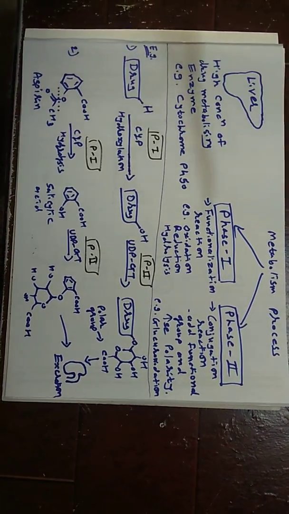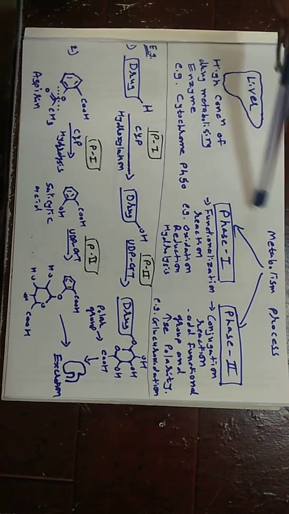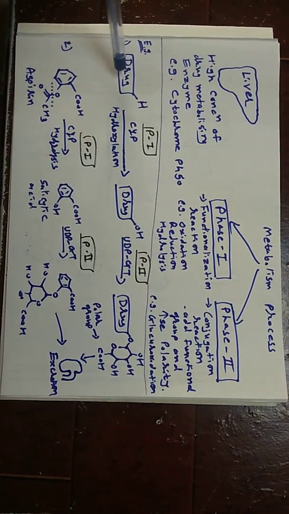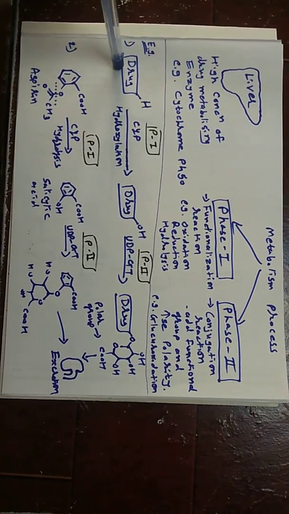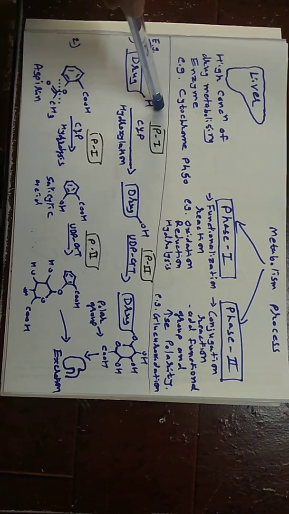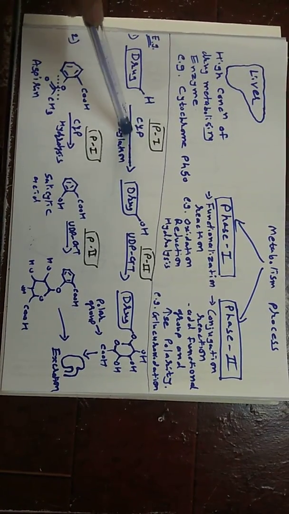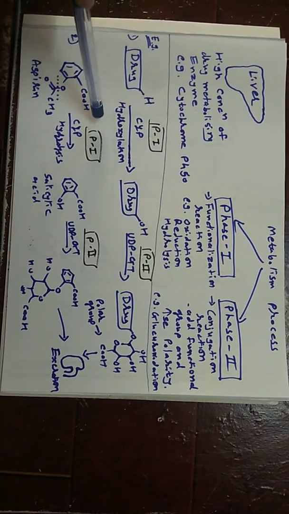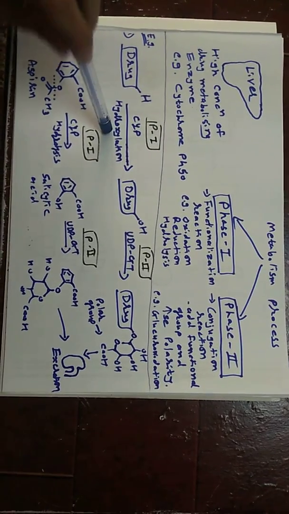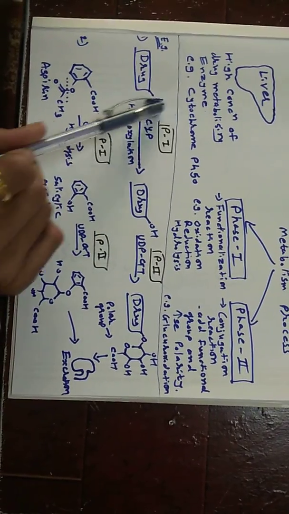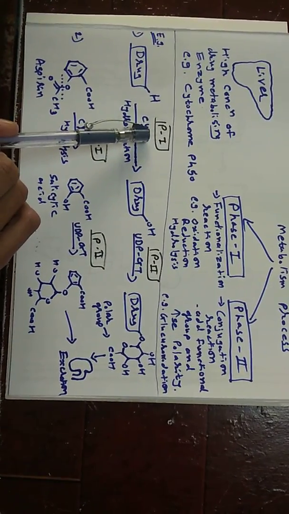Now we will understand this process of metabolism through an example. So here it is just the drug, and this is the hydrogen group. Then with the help of cytochrome P450, hydroxylation occurs, and a hydroxyl group is attached to the drug, you can see, and this is called a phase 1 reaction.